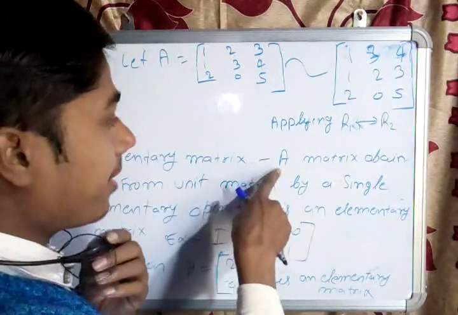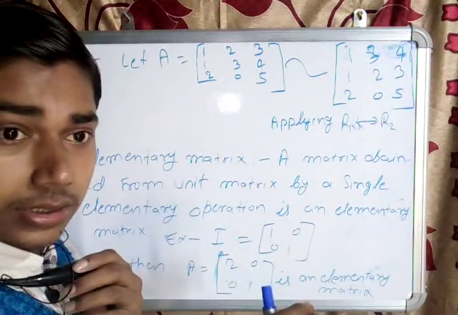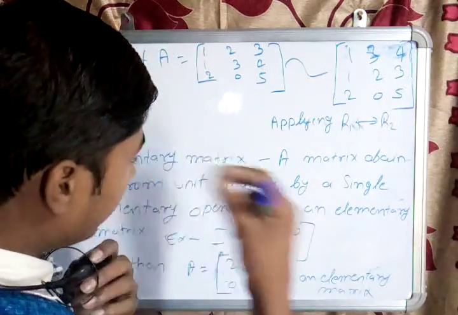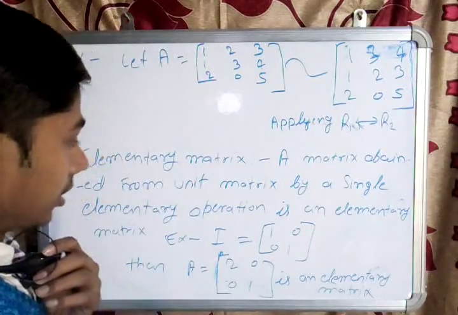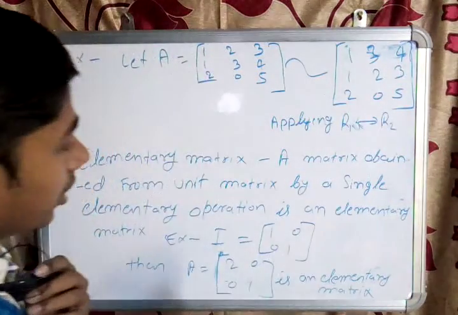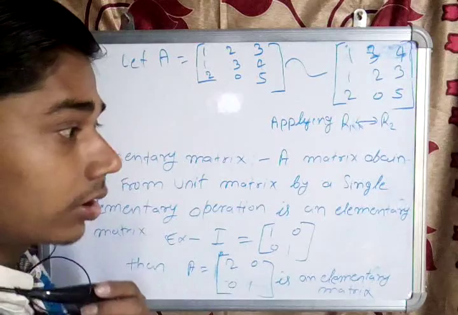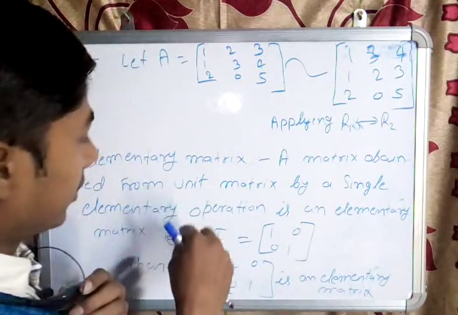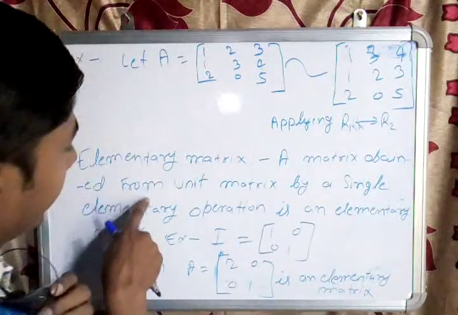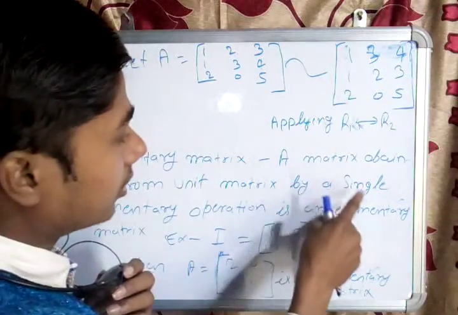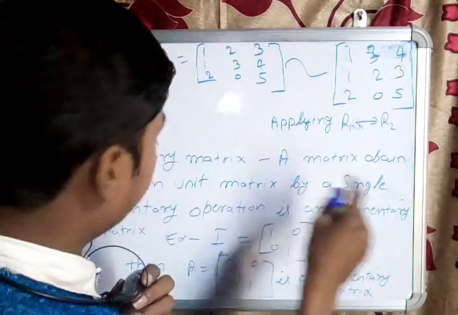I repeat that a matrix obtained from a unit matrix, whether second order, third order, or fourth order unit matrix, by a single elementary operation is an elementary matrix.